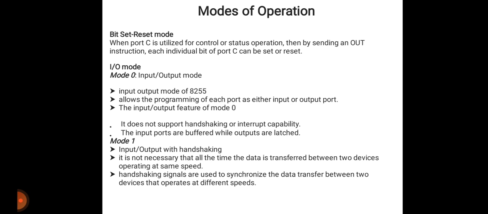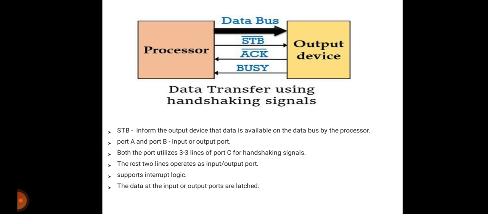So handshaking signals are used to synchronize the data transfer between two devices that operate at different speeds. So we will see how it works.